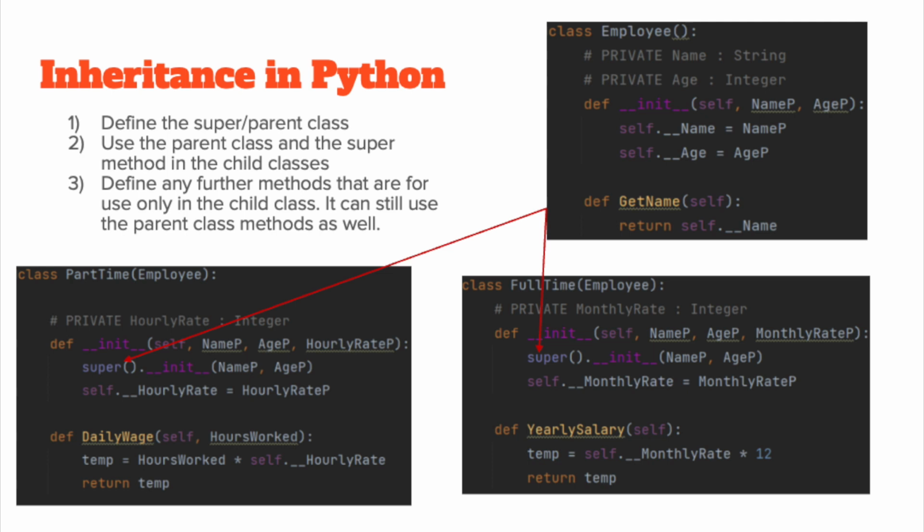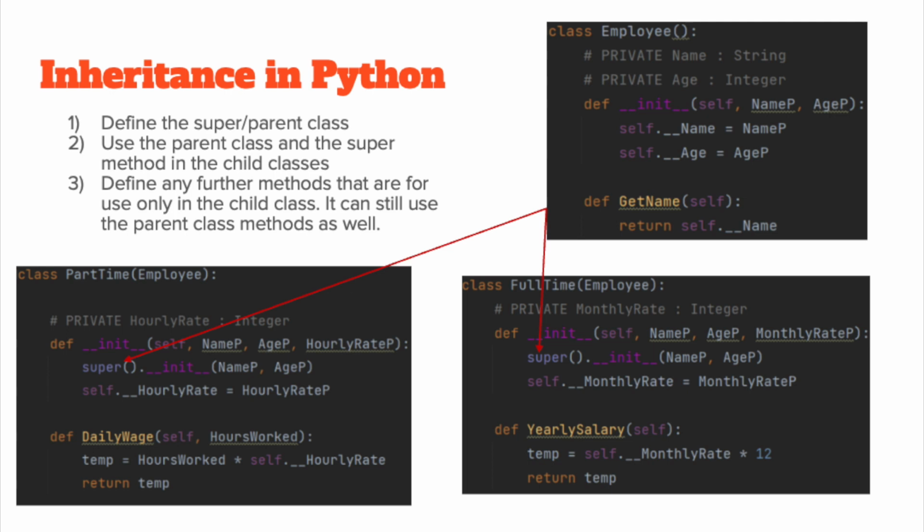Now that was the common function, because getName is common to both part-time employee and full-time employee. Then in the part-time and the full-time employee, we're going to have our unique attributes: hourly rate for part-time and monthly rate for full-time. We're going to have our constructors again, but this time the constructors are going to use the super's constructor first and then refer to its own unique value.